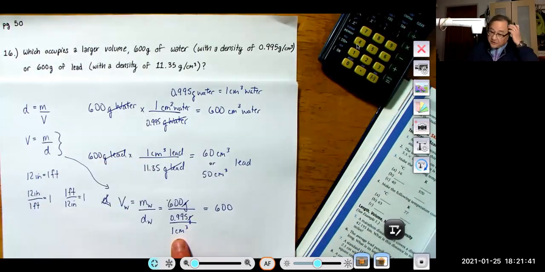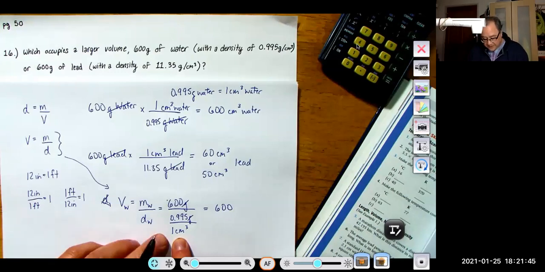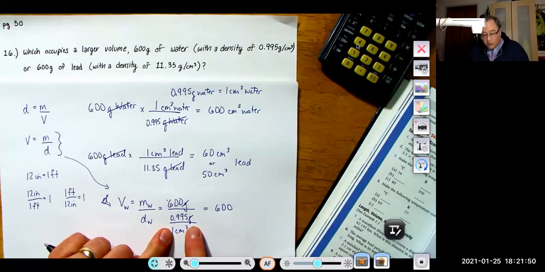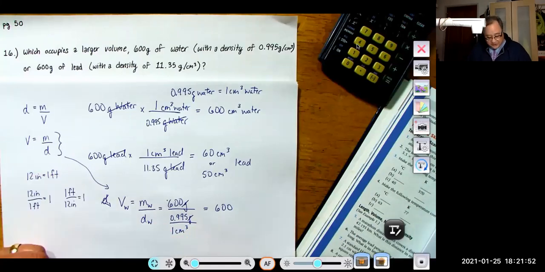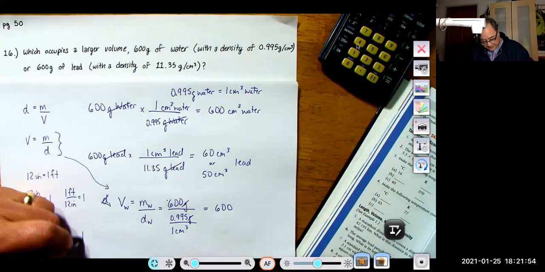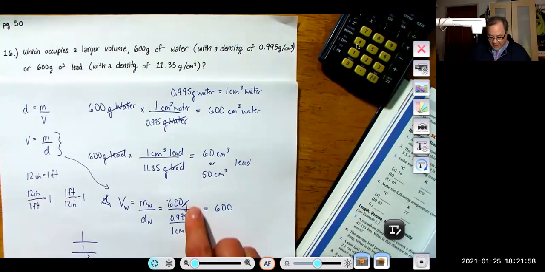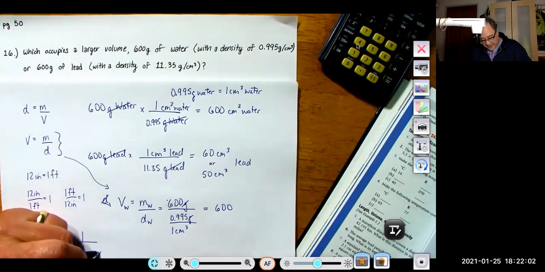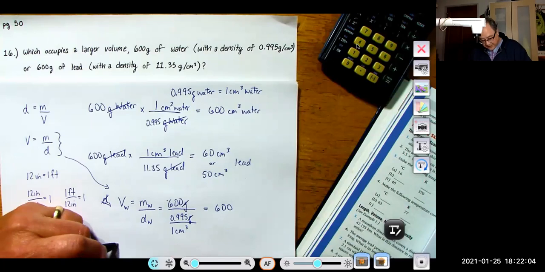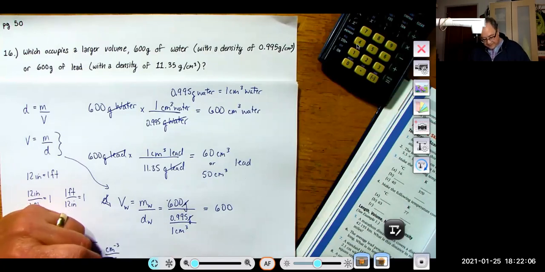But how do we justify that this is going to be centimeters cubed? And the deal is that when you take something like this and you move it across the line, it changes the sign. So I'm going to do this because that's essentially what we have for that centimeters cubed. I'm going to multiply this by centimeters to the -3 times centimeters to the -3.